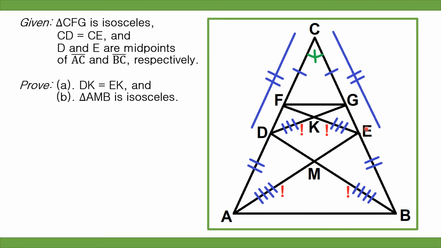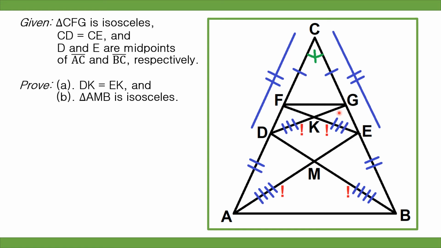So we need only one more part, and that could be the common angle. The common angle is angle C, and this angle C can be congruent to itself by reflexive property. And if that happens, these two triangles are now congruent by the SAS postulate: side, angle, side. So since these two triangles are already congruent, then by CPCTC, DG and FE are now congruent.